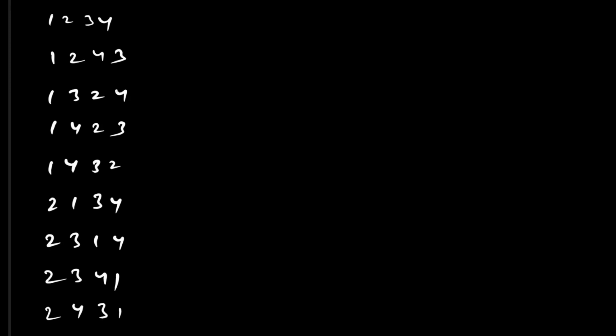And the next one can be 3 1 2 4. These are not all the permutations, but a few initial ones. There will be many more permutations in this case, so we have written only a few.